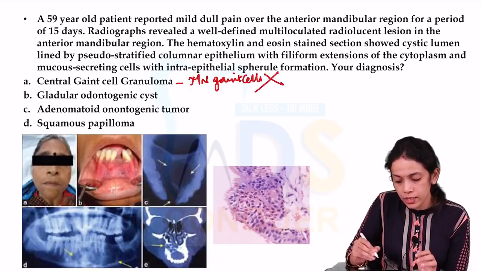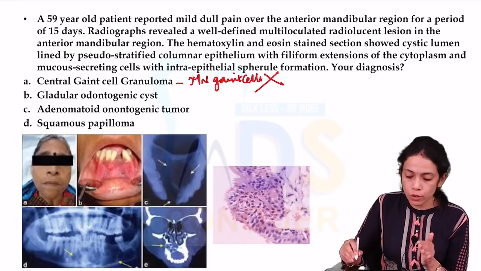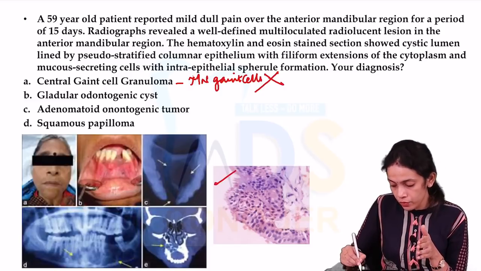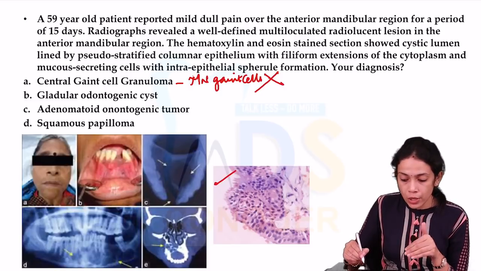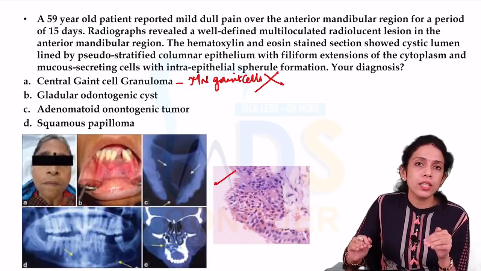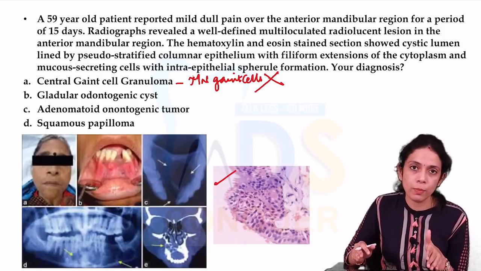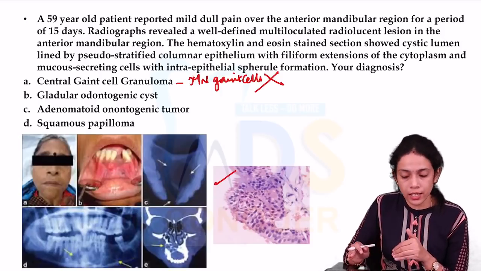So the answer cannot be central giant cell granuloma, because there is a clear-cut histopath feature showing spherule formation, and multinucleated giant cells are the characteristic histopathological feature of central giant cell granuloma.